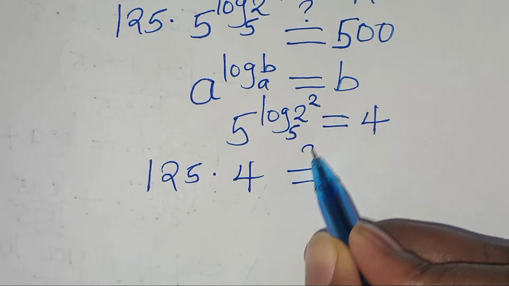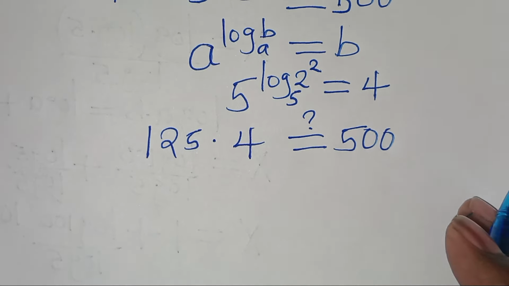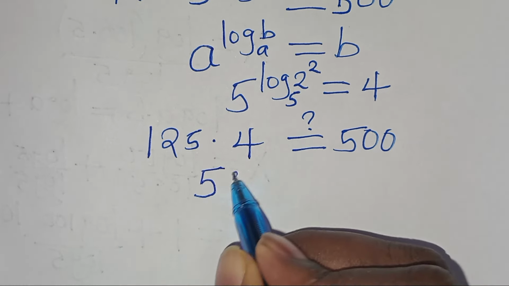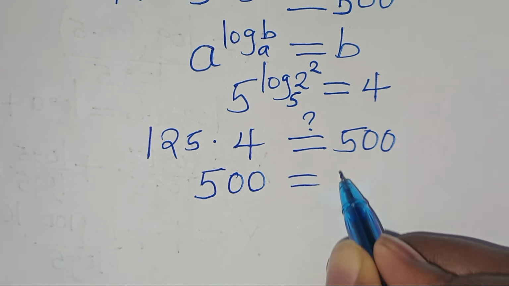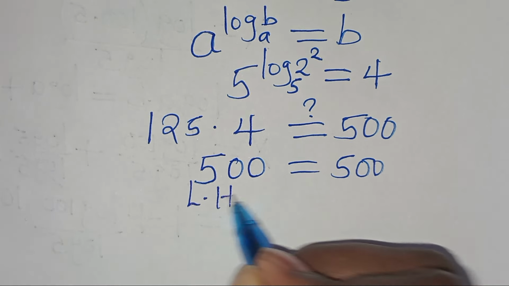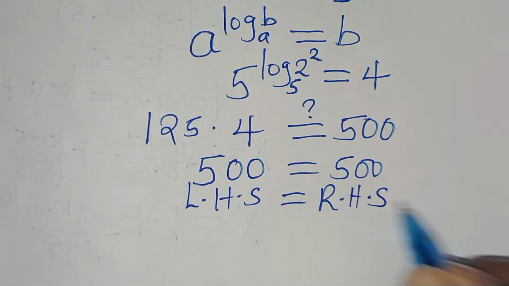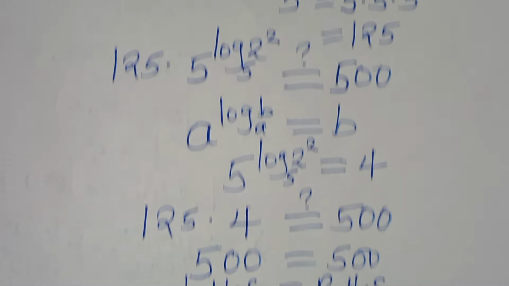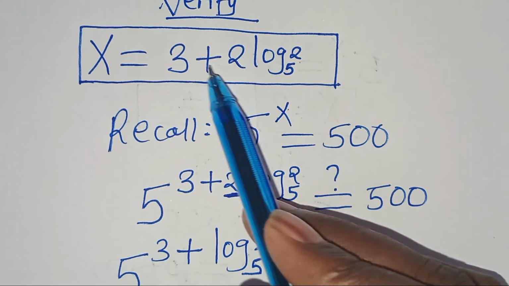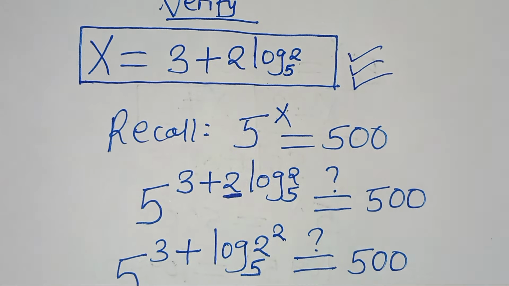This should give us a value of 500. So we have 125 times 4, which is equal to 500. So the left hand side is equal to the right hand side. And this implies that the value of x is equal to 3 plus 2 log 2 to base 5, and this satisfies the equation.